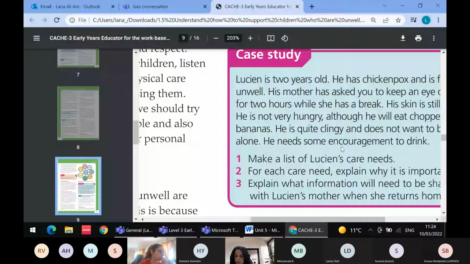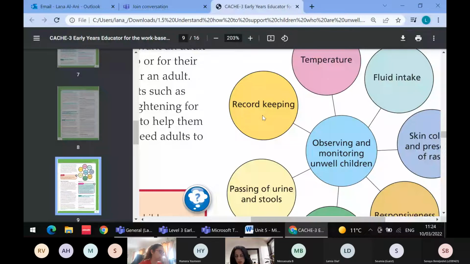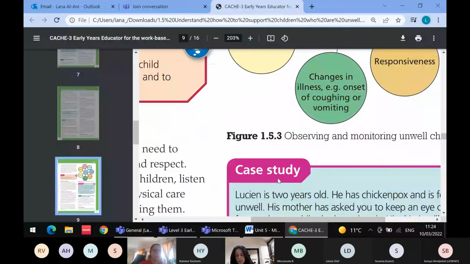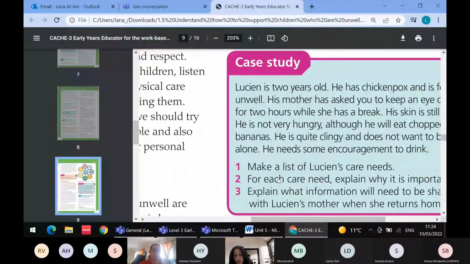Also record keeping. We need to keep records about these illnesses, what the progress was and what we did for the child until this moment. All this needs to be recorded.